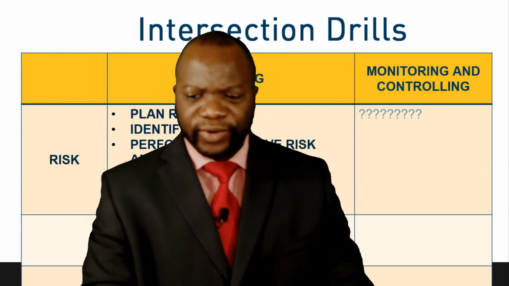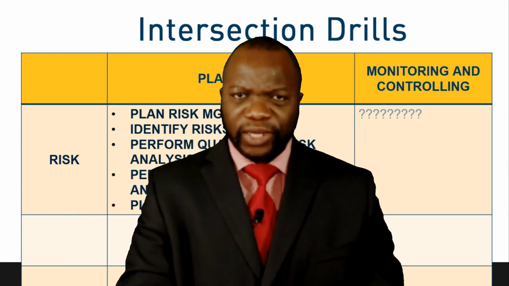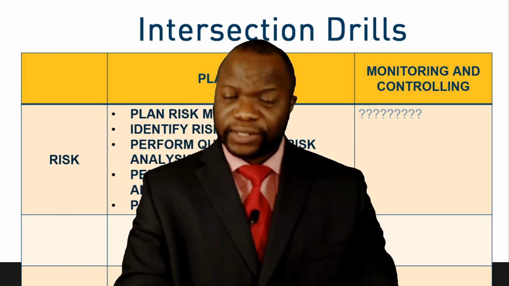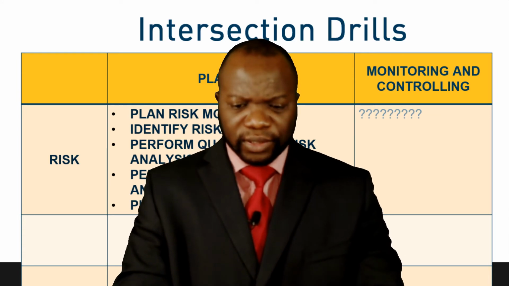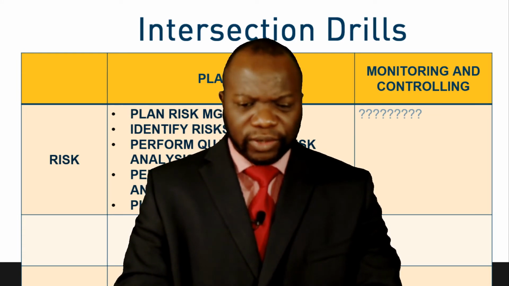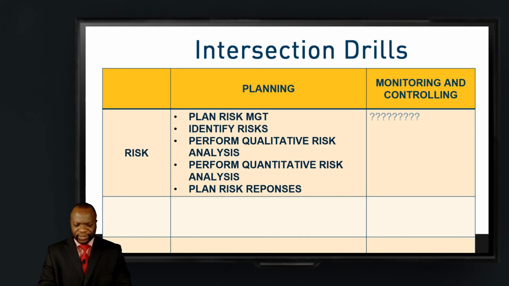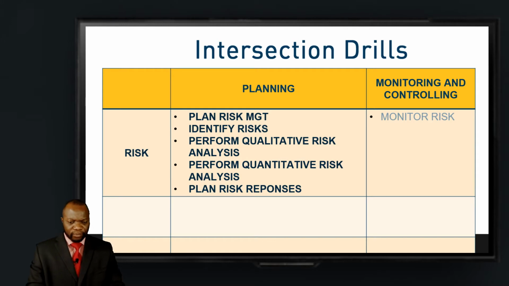Remember, risk is different. We observe that we are unable to control risk. We can monitor risk. But the word control has been avoided in the 6th edition. So monitor risk. Monitor risk is a special type of process where we not only check what we're doing as far as risk is concerned, the effectiveness and so on, but it's also where you would identify new risks.